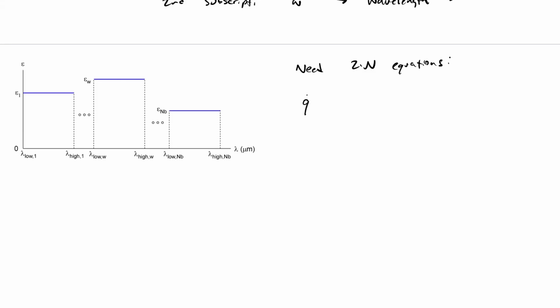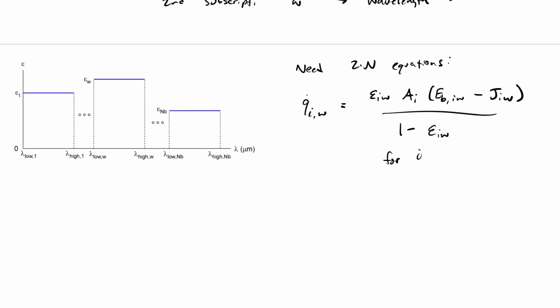This is going to be Q dot I,W is epsilon I,W A_I (E_b,I,W minus J_I,W) over (1 minus epsilon I,W). Okay, so this is for I in 1 to N, and W in 1 to NB.